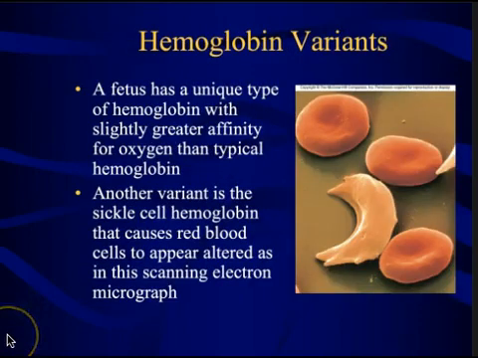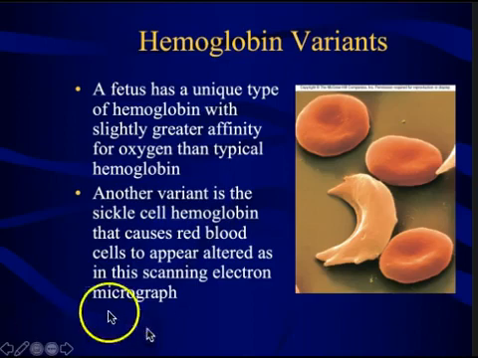Now there are a couple of hemoglobin variations that occur naturally. One of them is in a fetus. Fetuses typically have a slightly greater affinity with oxygen than normal hemoglobin. And another one is sickle cell anemia. So you think of sickle cell anemia, it's the sickle cell hemoglobin. What happens is there's going to be an alteration in the hemoglobin shape, or in the red blood cell shape.